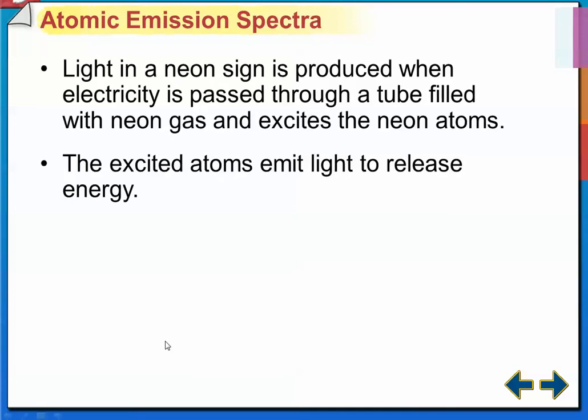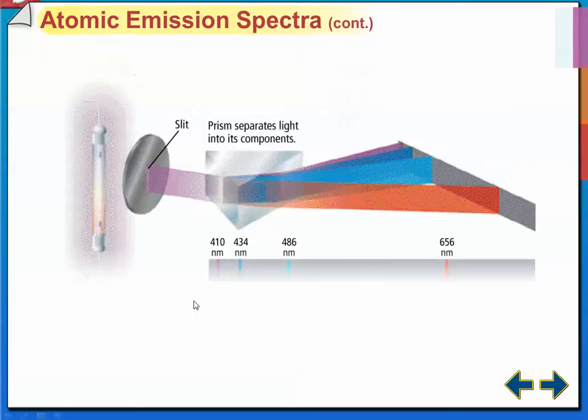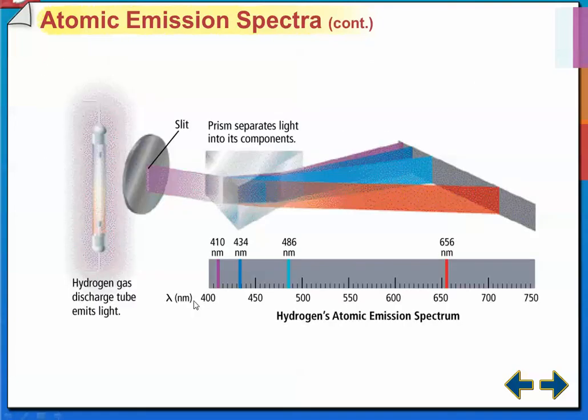Okay, so light is emitted from a neon sign when electricity is passed through it. The excited atoms absorb energy, and then when they release that energy, they release photons. And that's what we see. So this is a light from a tube that has hydrogen in it.